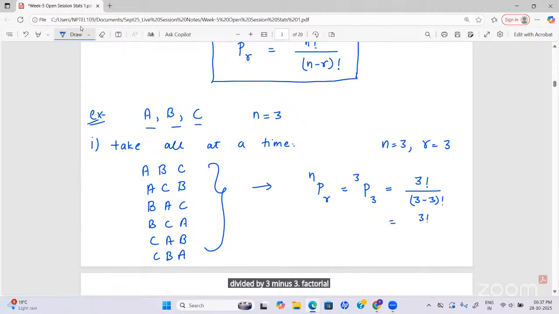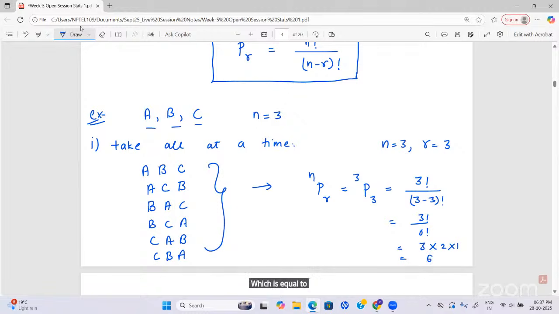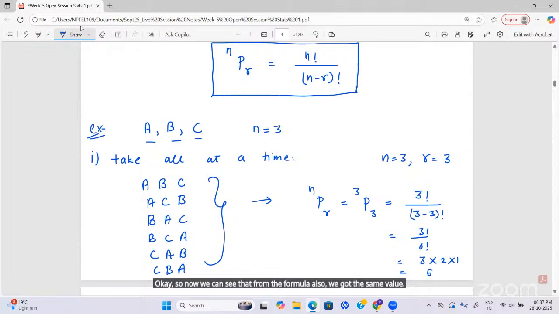So this will be 3 factorial divided by 0 factorial. 3 factorial I can write as 3 into 2 into 1, which is equal to 6. Is this clear to everyone? Yes, ma'am. Okay, so now we can see that from the formula also we got the same value.